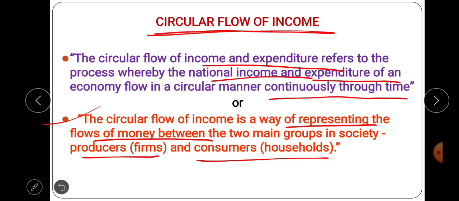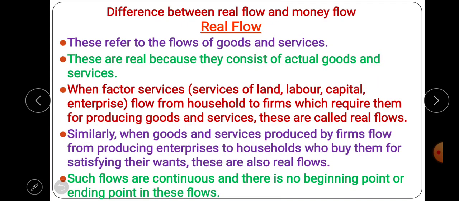So, this circular flow is nothing but the way of representing the flow of money between these two main groups, that is producer and consumer. Okay. So, here is a difference between real flow and money flow. Okay. So, what is the real flow?